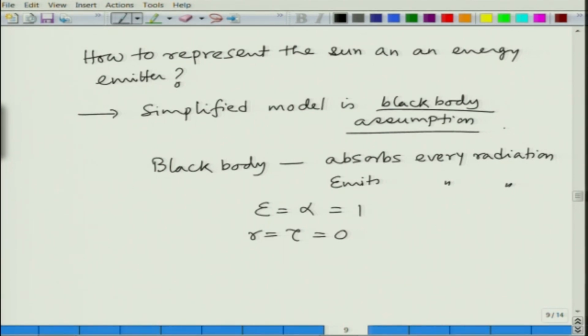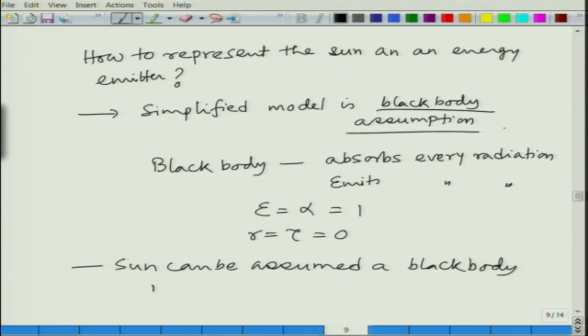So, this complicated structure of the sun, what we can do is assume it to be a black body maintained at 5762 Kelvin.